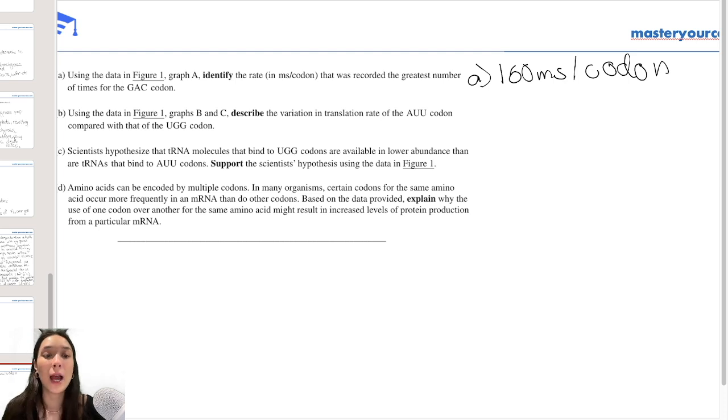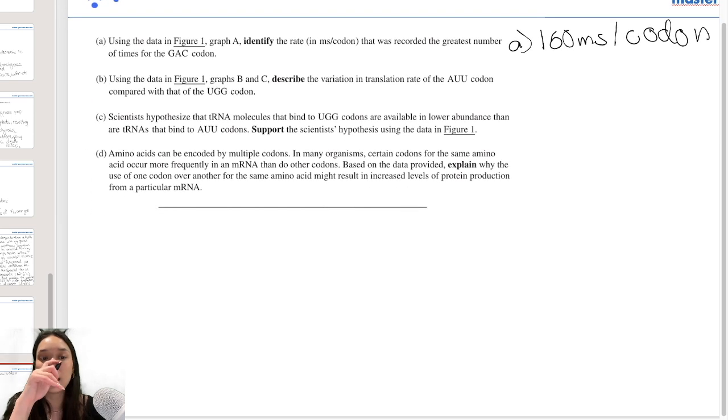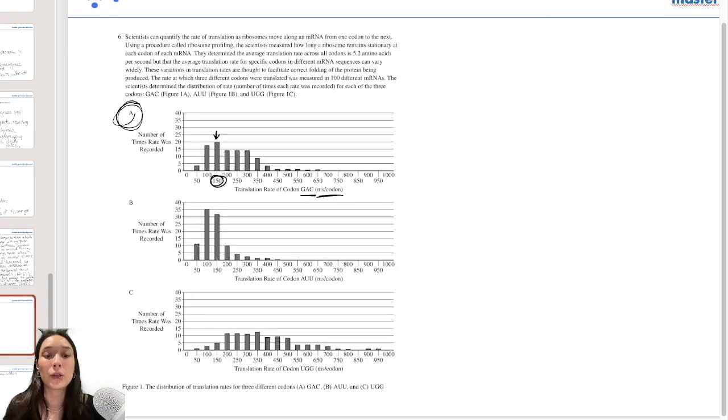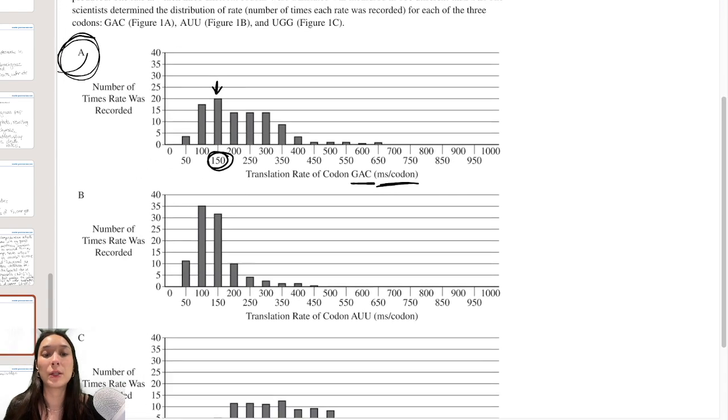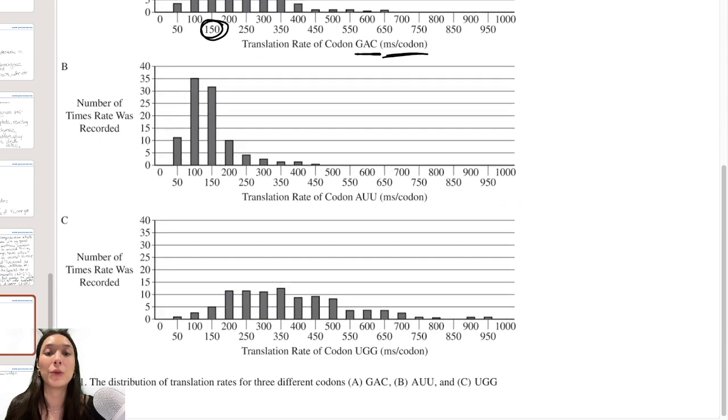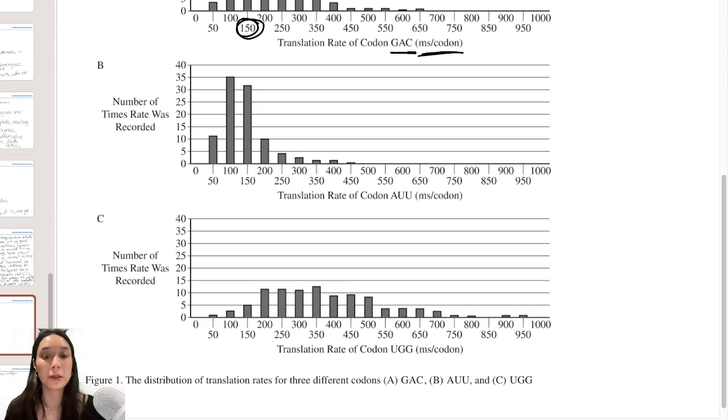Okay, and then part B says, using the data in figure 1, graphs B and C, describe the variation in translation rate of the AUU codon compared to the UGG codon. So we're looking at and comparing B and C. This is where it's important that we kept in mind which side of the graph is the faster rate and which one is the slower rate.